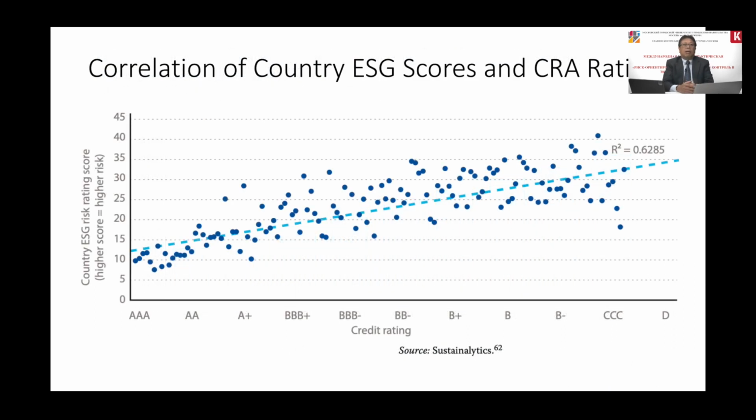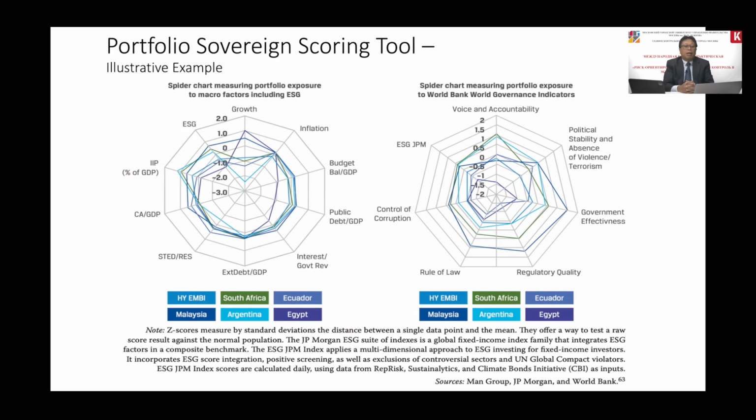Then the next two slides, the 16th and 17th, I would like to show the relevancy of ESG rating at the country level, as well as its relationship with credit scoring and the portfolio sovereign scoring credit.